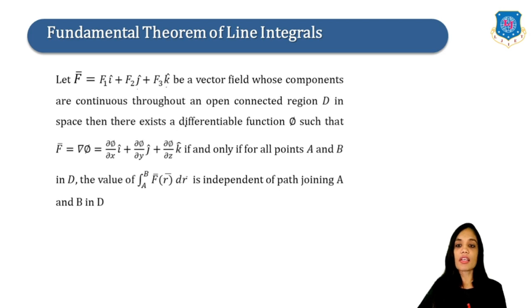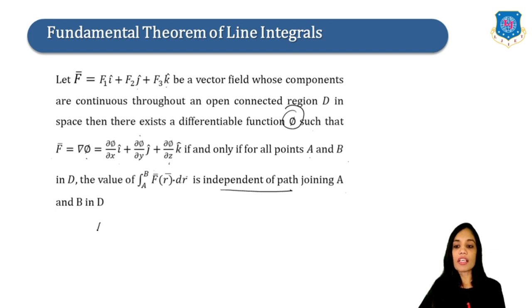Then there exists a differentiable function phi, so this is your scalar potential, such that f bar = gradient of phi = del phi by del x i cap + del phi by del y j cap + del phi by del z k cap, if and only if for all points A and B in D the value of the line integral from A to B of f bar dot dr bar is independent of the path joining A to B.